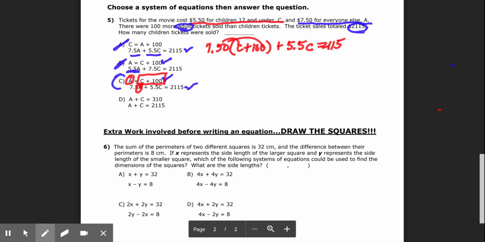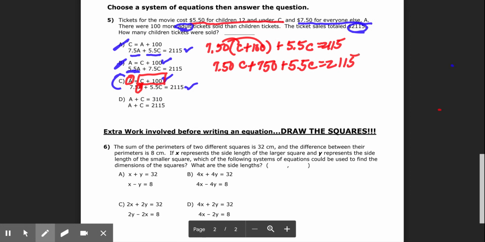All right, so then we're going to do our distributing there. So 7.5C, or 7.50, doesn't matter. And then 7.50 times 100 gives us, we move the decimal over twice, so it'll be 750, plus 5.5C equals 2115. All right, and then we combine like terms.